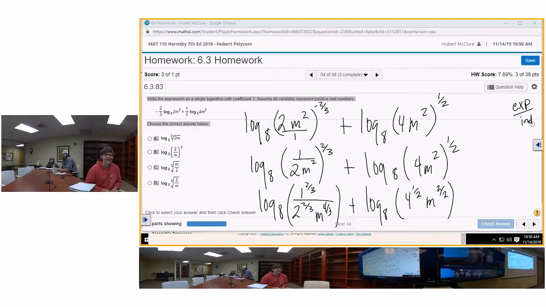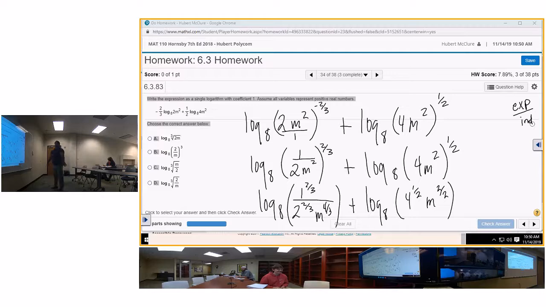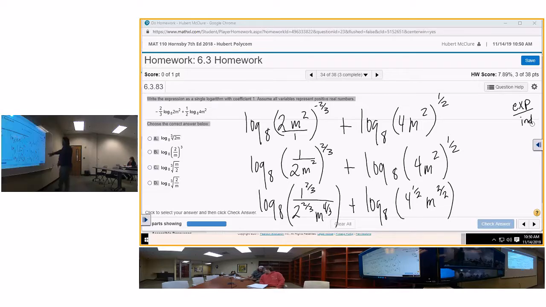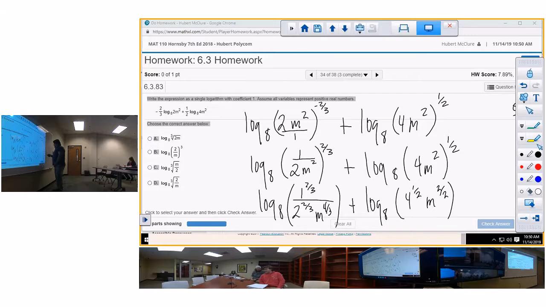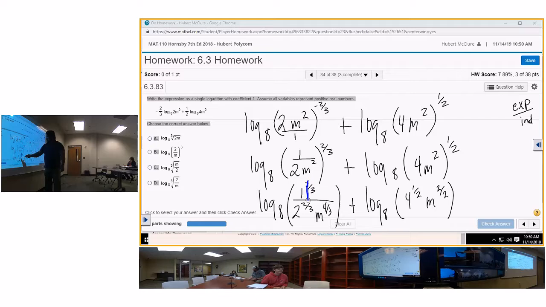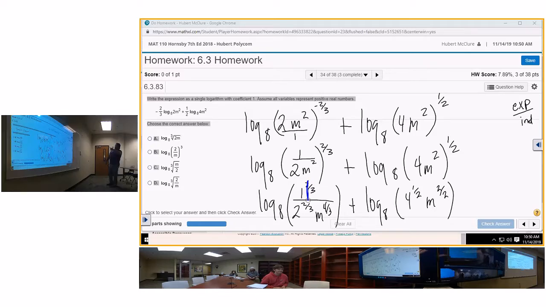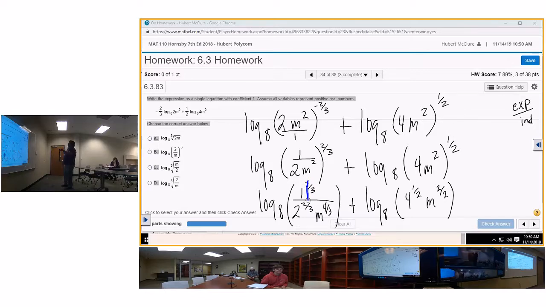Okay. Now, I'll do the 1 for you, because no matter what you take the square root of or raise 1 to, what do you get? 1. So I'll do that one for you. I'm going to take my blue marker and change that to 1. So exponent, that means 2 to the 2nd power, exponent over index.